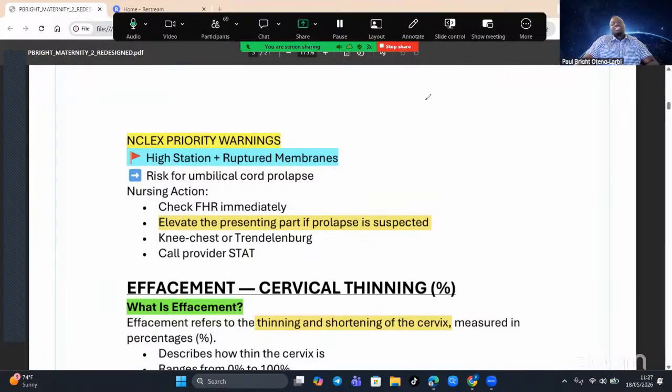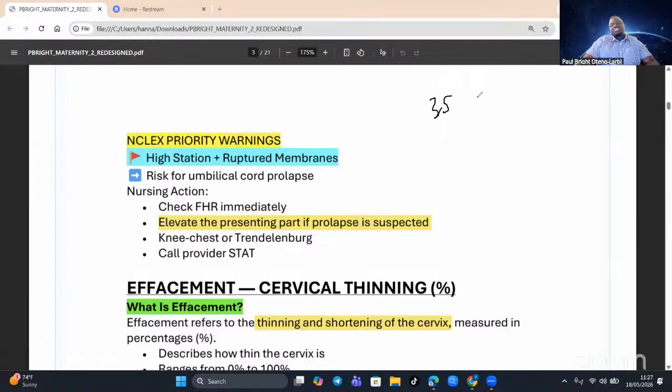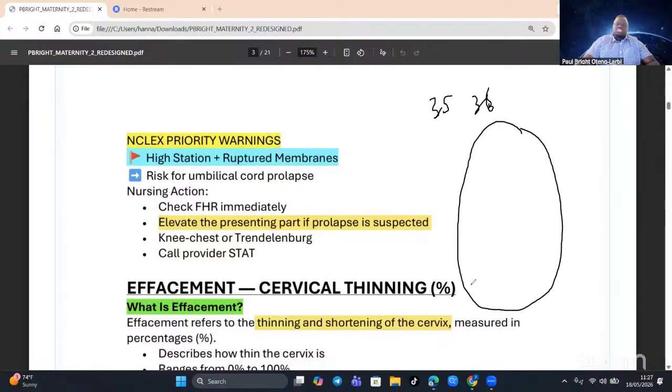A mother has ruptured membranes, maybe at 35 or 36 weeks. This is the uterus. This is the pelvis. The head is here. This is the ischial bones, the pelvic bones.